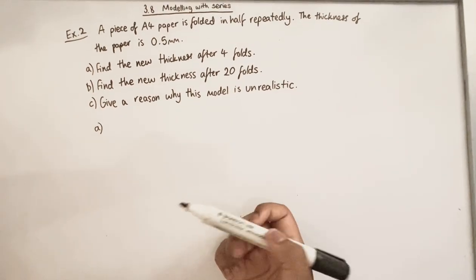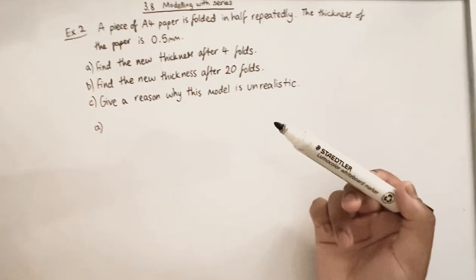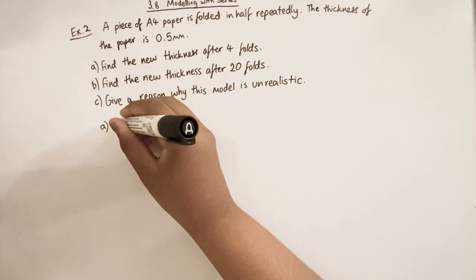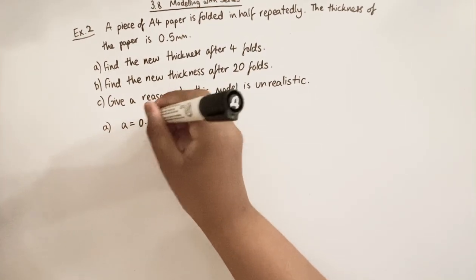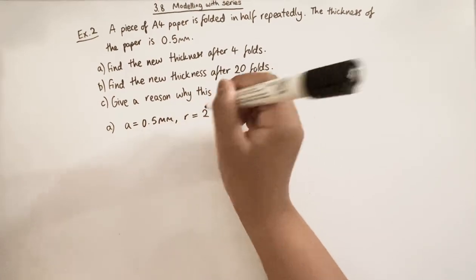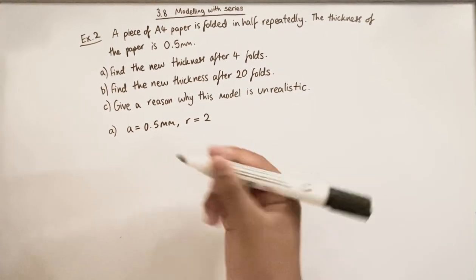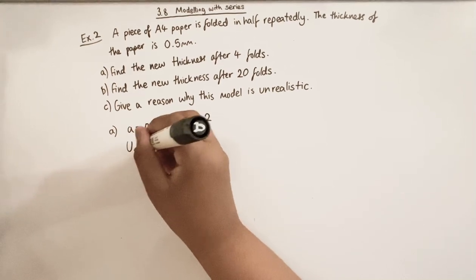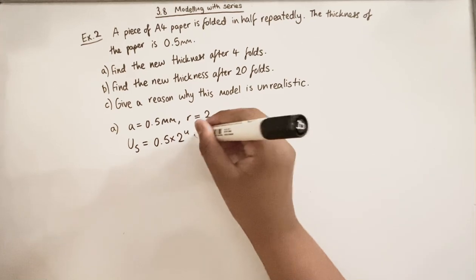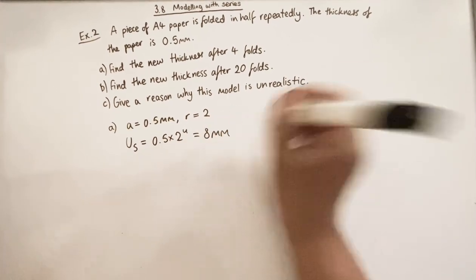For Part A, we can see that this will follow a geometric sequence as the thickness is doubling each time. So we can say that a equals 0.5 millimeters and the common ratio is 2. After 4 folds, it will be the 5th term. So u_5 is equal to 0.5 times 2 to the 4, which is 8 millimeters.